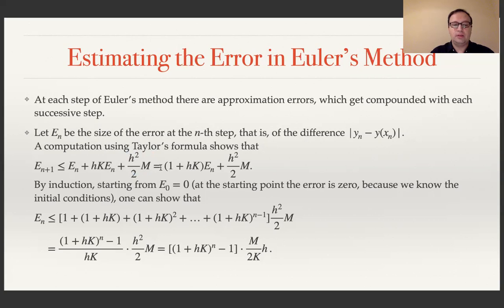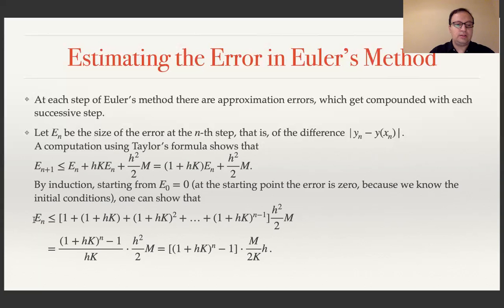Okay, so then by induction, by expressing each error as a function of the previous error, and starting from a value of E_0 equal to 0, because at the starting point the error is 0, because there we know the initial conditions. There is no error at the starting point.